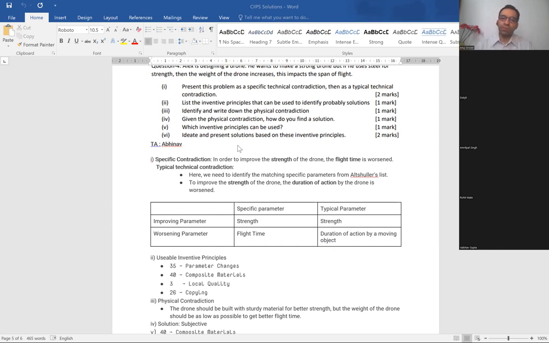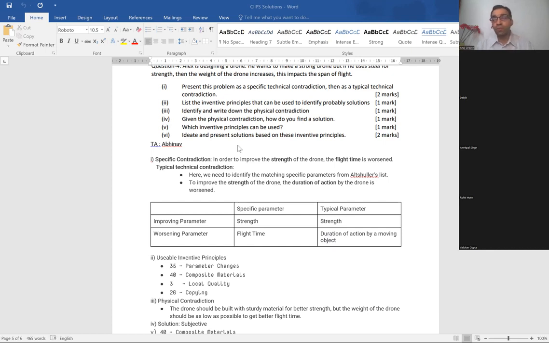Stronger glue is a specific problem, whereas I would say that if I increase the strength of the glue, then the ease of use or convenience reduces.